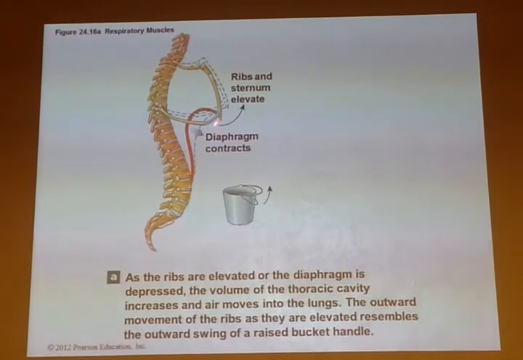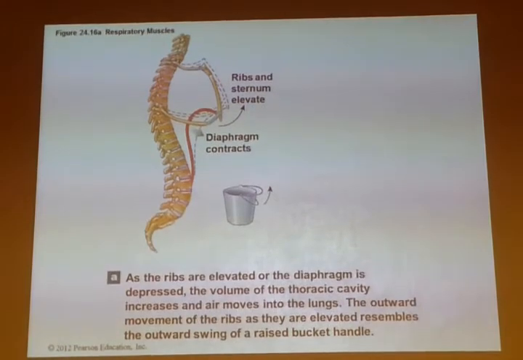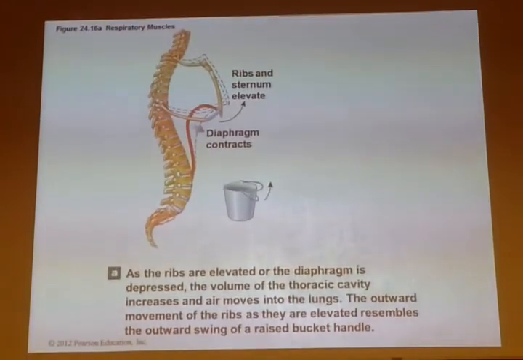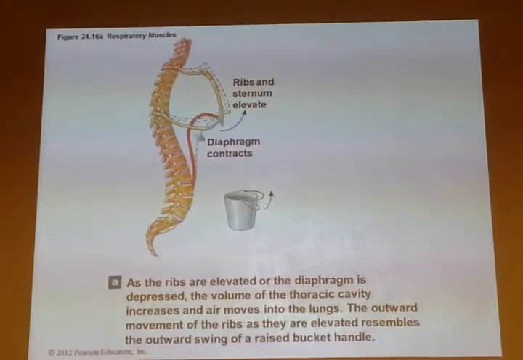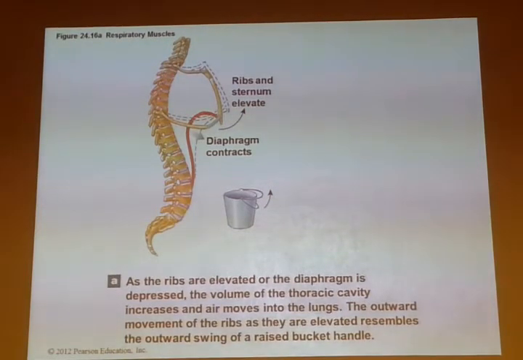To elevate the ribs and the sternum, we've got muscles that will pull on the ribs to get the rib that is below closer to the rib that is above it, and that will tend to expand the ribs laterally, and then the sternum moves out a little bit, and then the diaphragm will descend into the abdominal cavity.